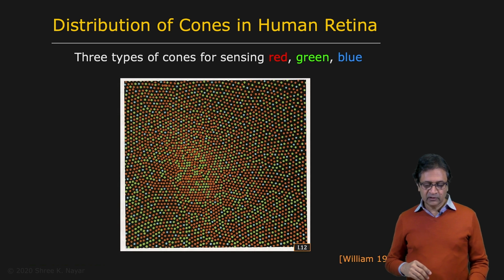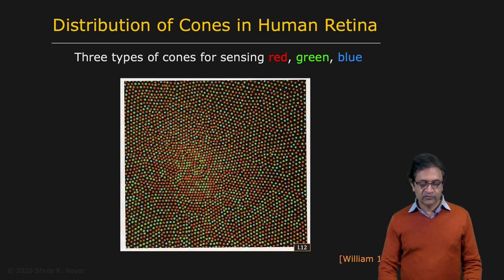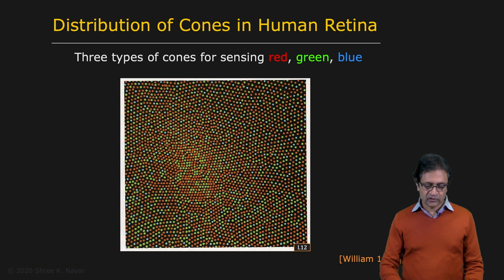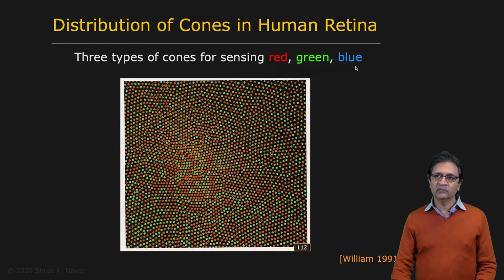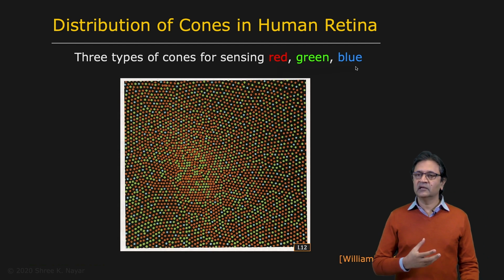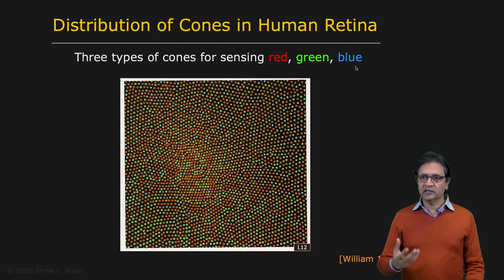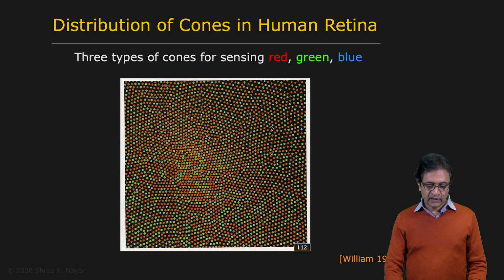So now, let's take a look at the distribution of cones particularly. Let's set aside rods for a minute. You have essentially three types of cones: red cones, green cones, and blue cones. We call them these because they respond to reddish light, greenish light, and bluish light, and you see their spatial distribution on the retina, and it turns out that they are most dense, they have maximum resolution in the fovea, which is the place where you have maximum acuity.